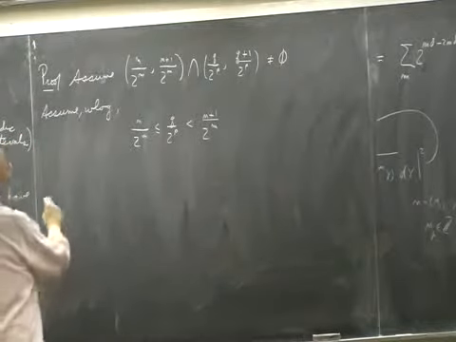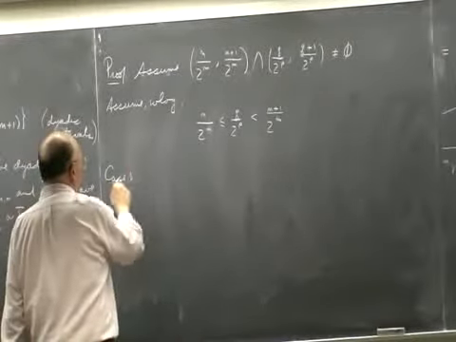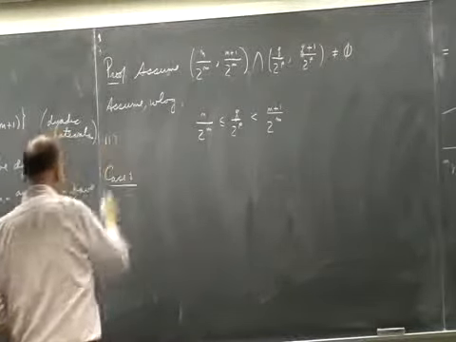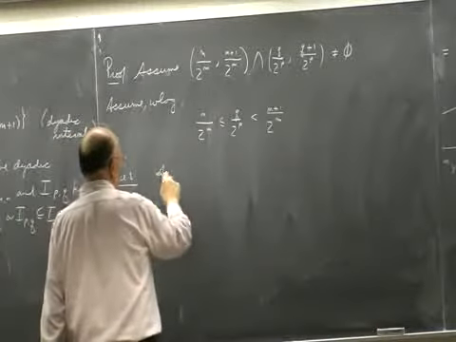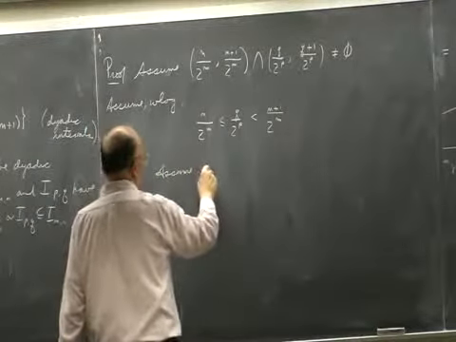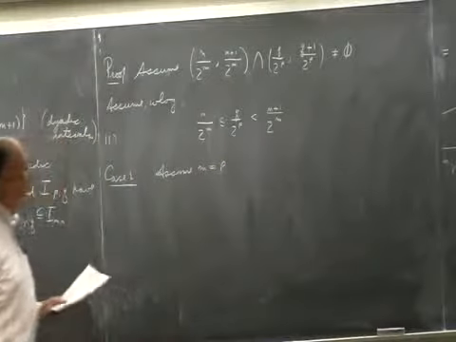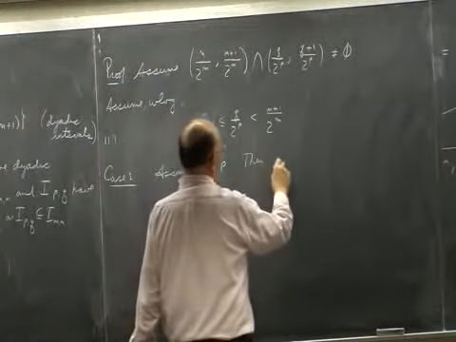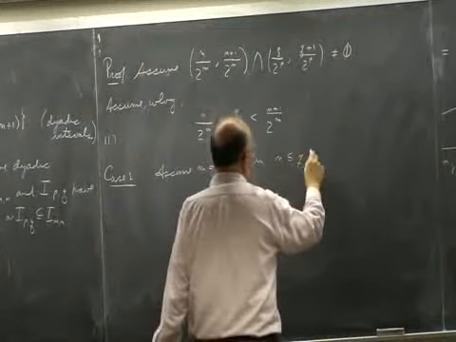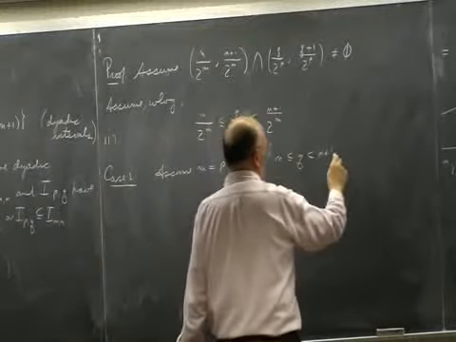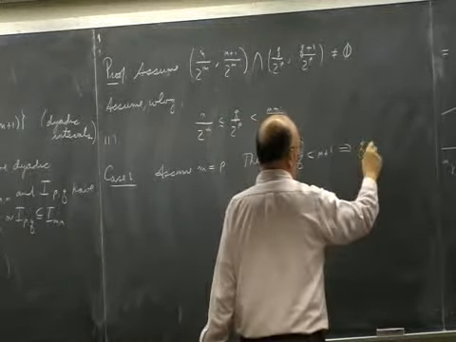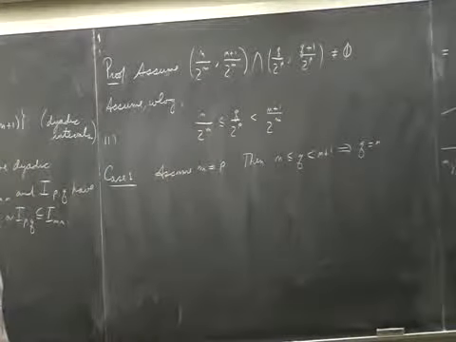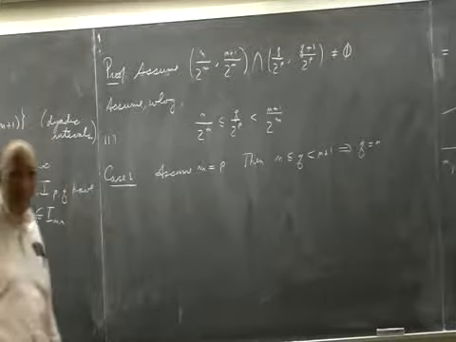Okay, so several cases. Case 1, assume m is equal to p. And in that case, n is less than or equal to q is less than n plus 1, and so that implies that q is equal to n. And so they're equal, so I've got contained. That, needless to say, is the simplest case.